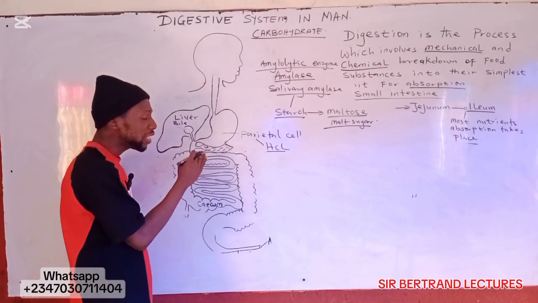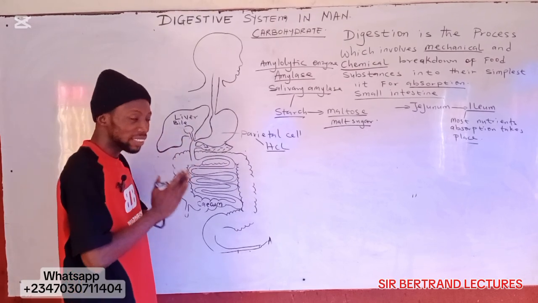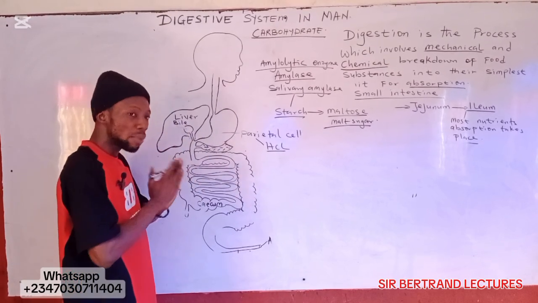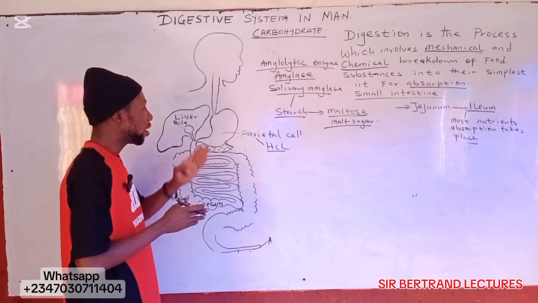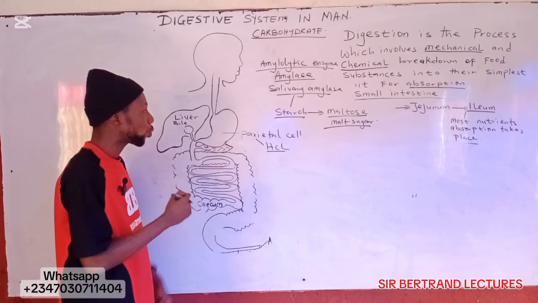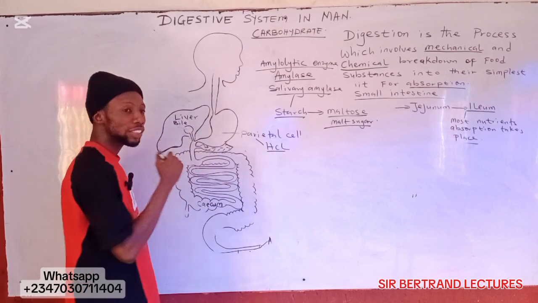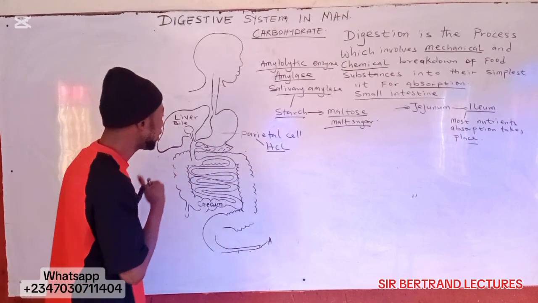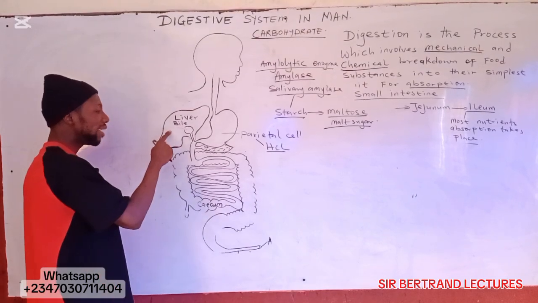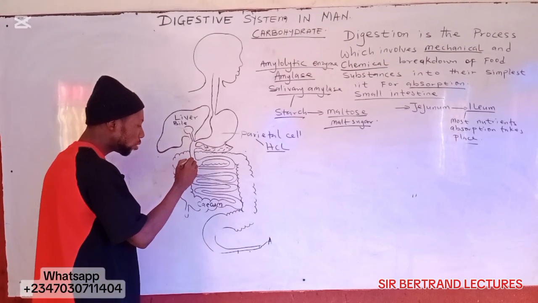So the gastric juice produced in the stomach is not effective for digestion of carbohydrates. In that case, you can say that there is no chemical digestion of carbohydrates in the stomach because the stomach is highly acidic.